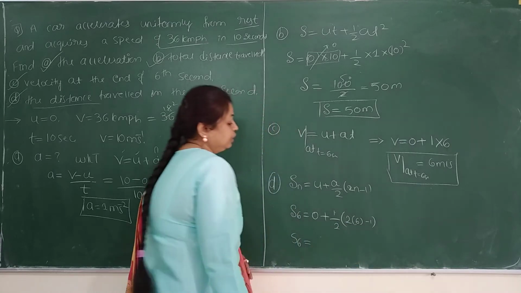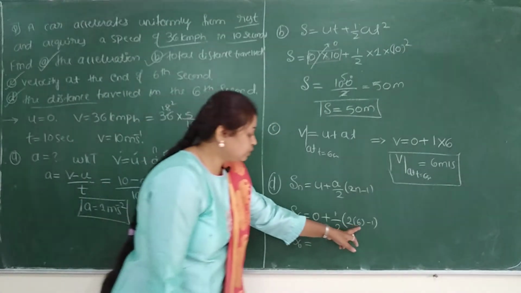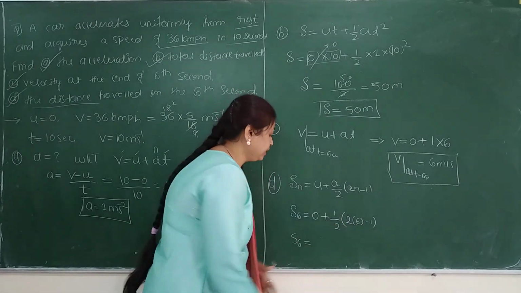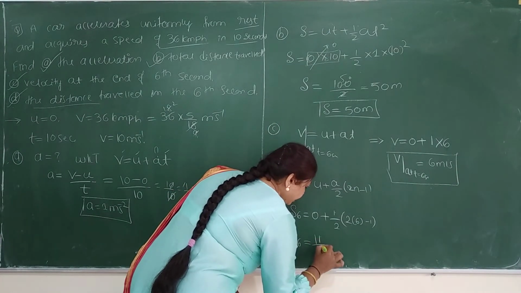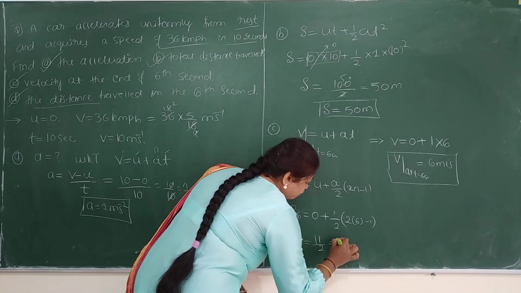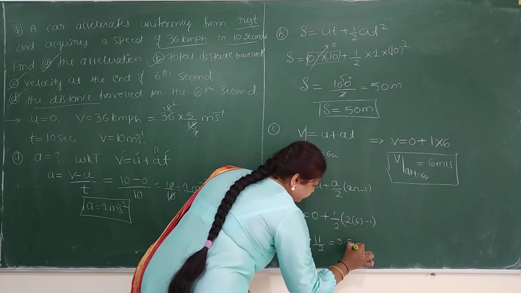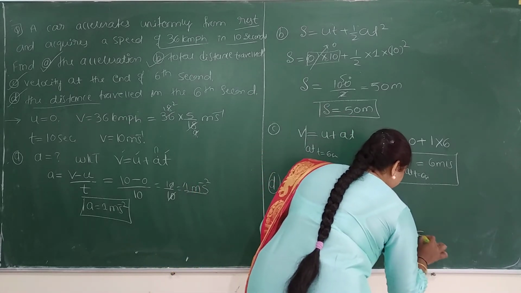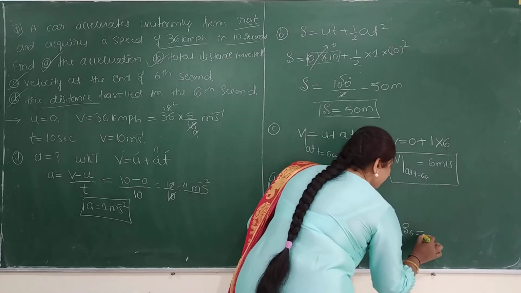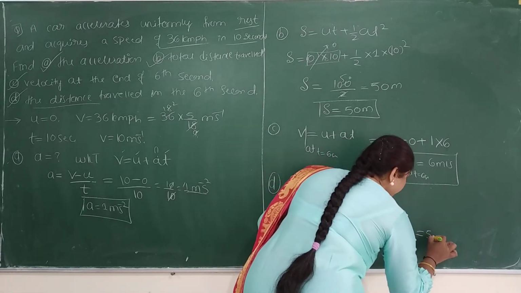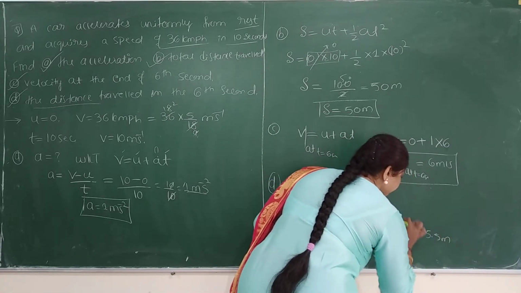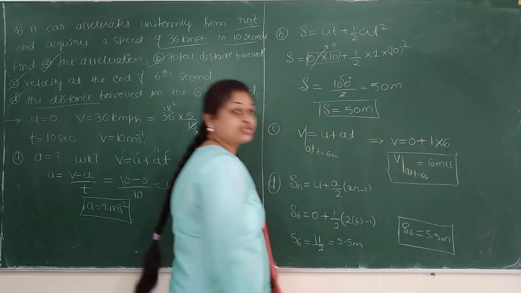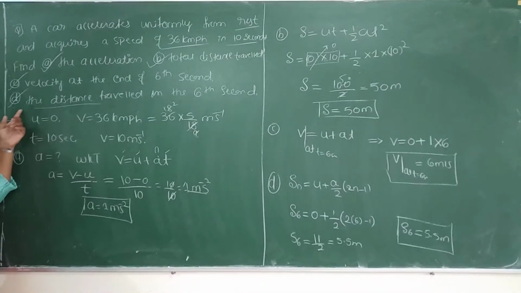Next, 2 into 6 is 12. 12 minus 1 is 11, divided by 2. This will be 5.5 meter. So finally, at the 6th second, the distance covered by the car is 5.5 meter. This is the solution for the fourth question.